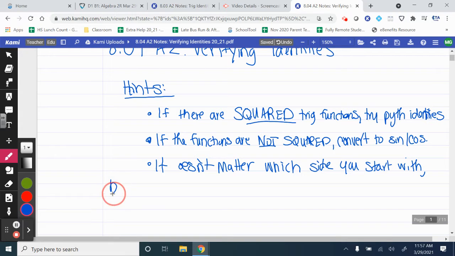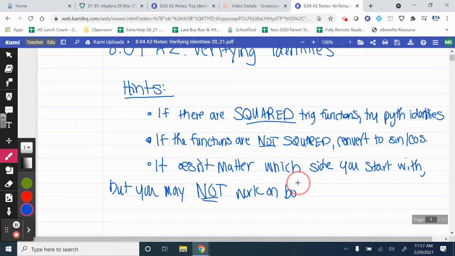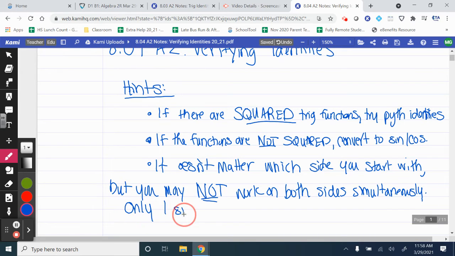But, and this is really important, you may not work on both sides simultaneously, meaning at the same time. So you can't add over something or subtract something from one side to the other. You can only work with one side at a time. So you're trying to get one side to look the same as the other side.